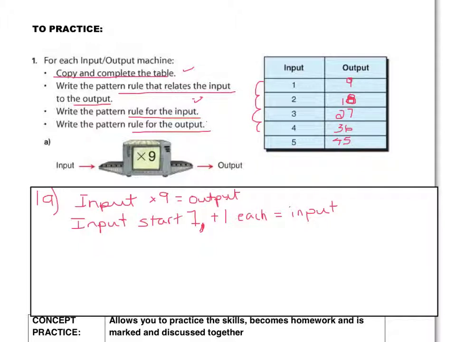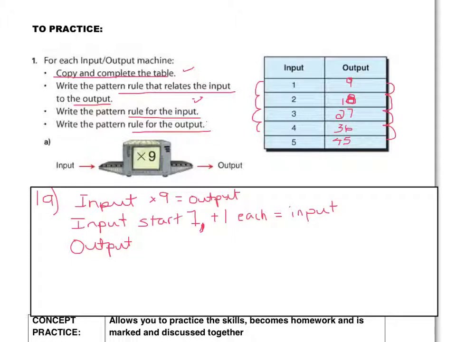Okay, last one, write the pattern rule for the output. So output, looks like we go 9 to 18 to 27 to 36. Ooh, what are we doing there from 9 to 18? It's getting bigger. We could be adding, or we could be multiplying. Let's start with adding first. 9 plus what is 18?